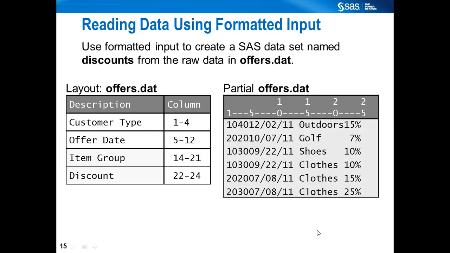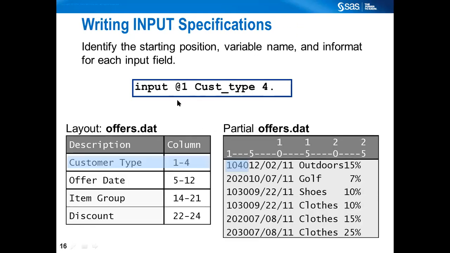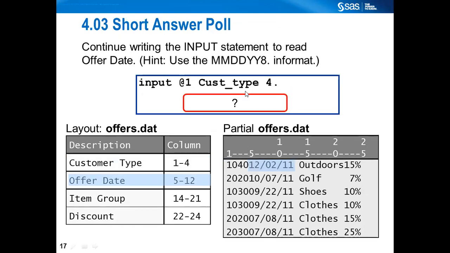All right. As per our instructions, these are the column specifications: customer type, offer date, item group, discount. Input $1 customer type 4. What is $1? That is your column pointer. From the first column, 4 places, it should take the values for the customer type column.